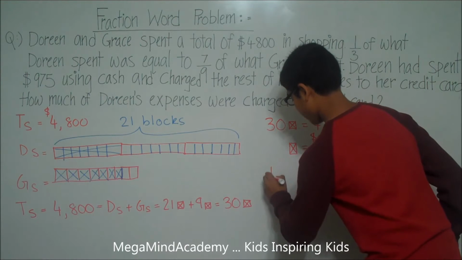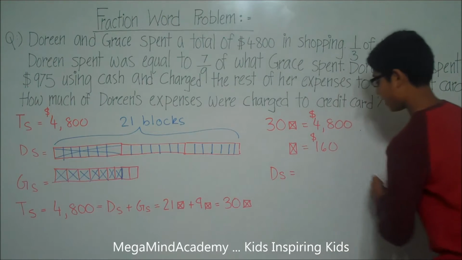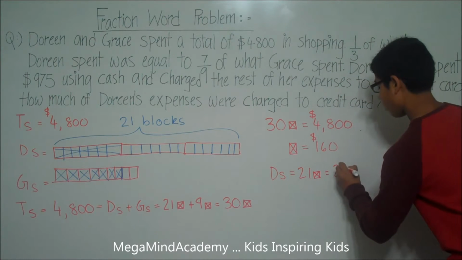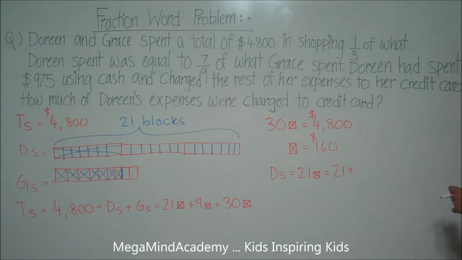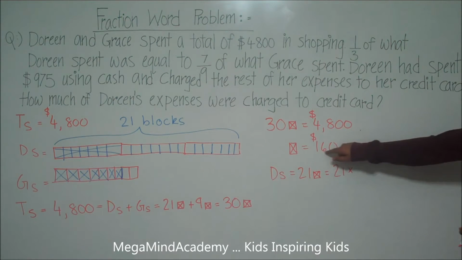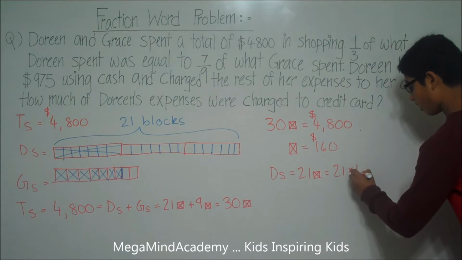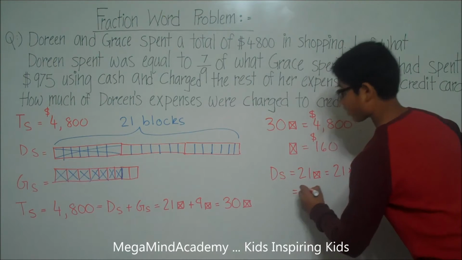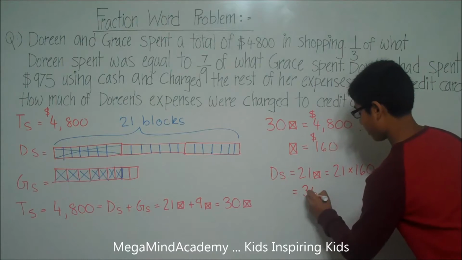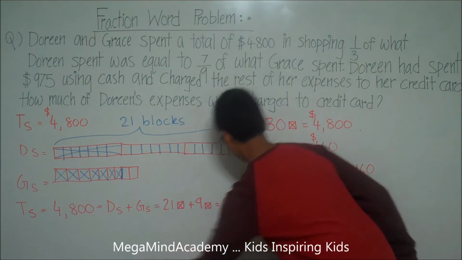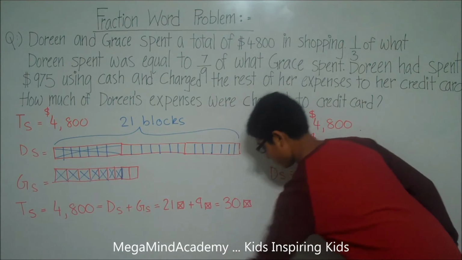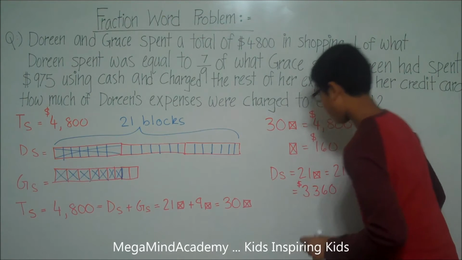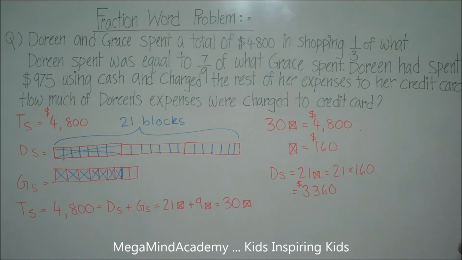So Doreen spent, D for Doreen, S for spent, is equal to 21 blocks, which is equal to 21 times, since each block costs $160, 160, which is equal to $3,360. So Doreen spent $3,360.